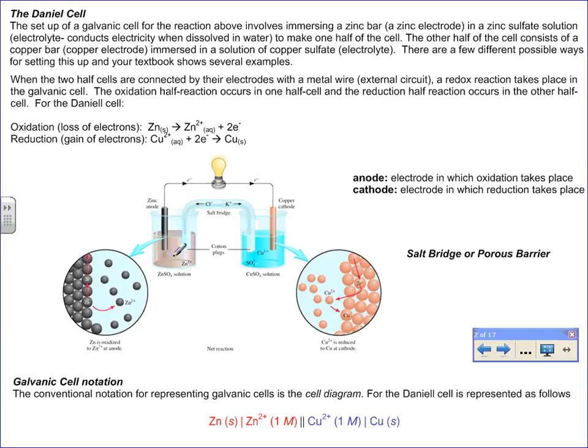Now what happens is the zinc on this side is losing electrons and going into solution. The electrons are traveling along the wire from the anode to the cathode, and the electrons are being collected at the cathode by the copper ions in solution to produce copper atoms.